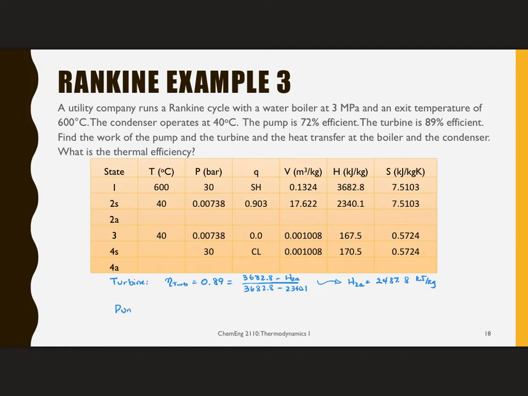I'm going to do the same thing for the pump, but remember that the relationship for efficiency is ideal over actual. So 0.72 is the work of the pump, ideally, over H4A minus 167.5. Therefore, H4 actual is 171.7 kilojoules per kilogram. Now this is still going to be a compressed liquid, right? None of that has changed. I don't have the additional information, but I have solved for the enthalpies, and that allows me to continue the analysis.